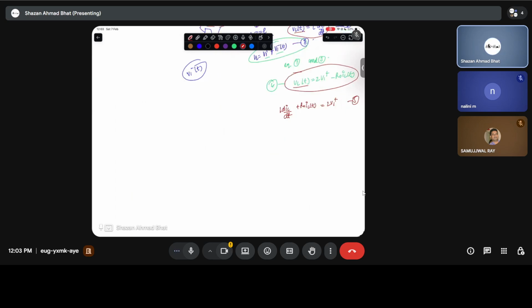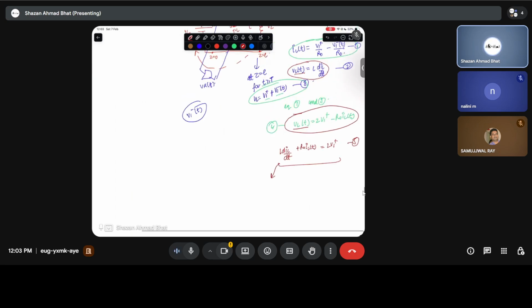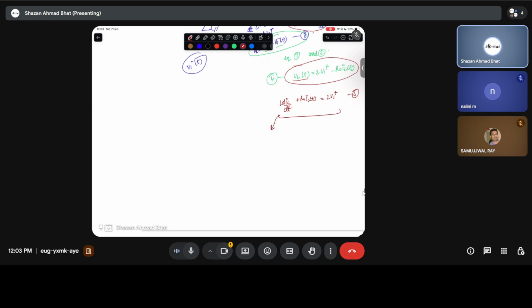This particular equation can be solved. This is a differential equation in terms of IL.